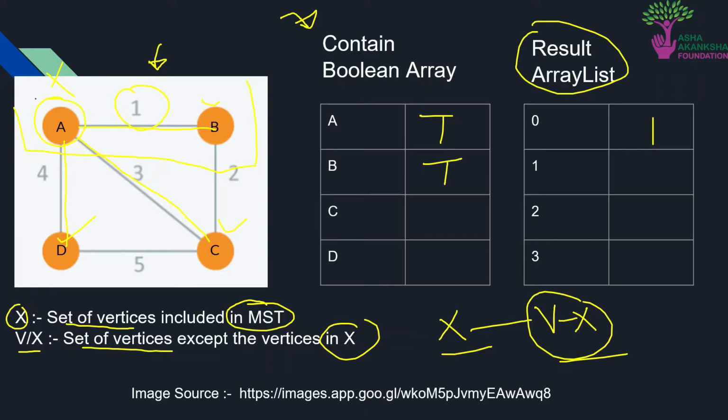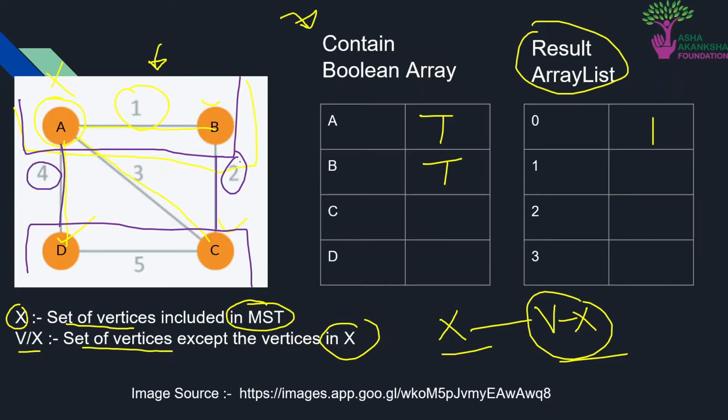Now set X will contain A and B, and set V minus X will be D, C. So the edges connecting those two sets are 2 and 4. The minimum of which is 2. So I will add 2 to the result array and will mark C as true.